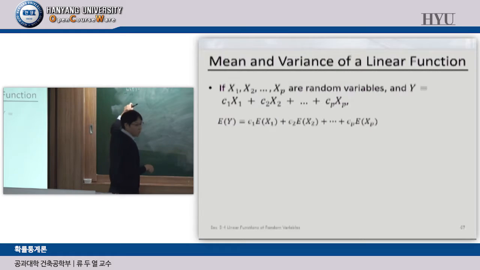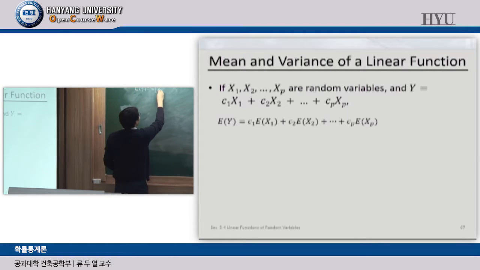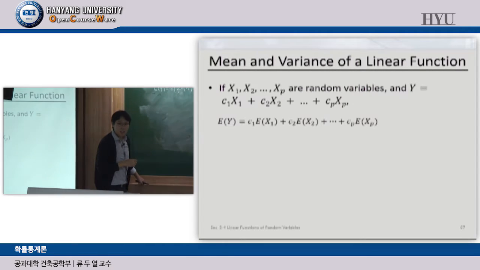For the discrete random variable, this can be written as E of the summation of i from 1 to p of Ci Xi.